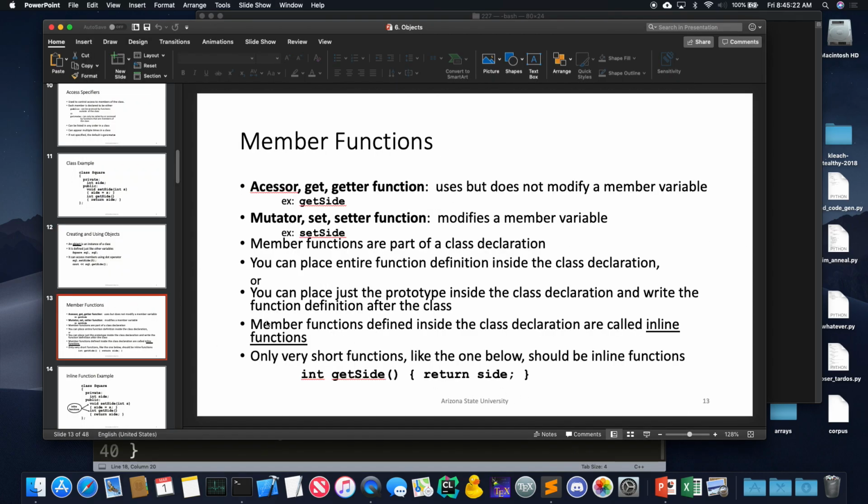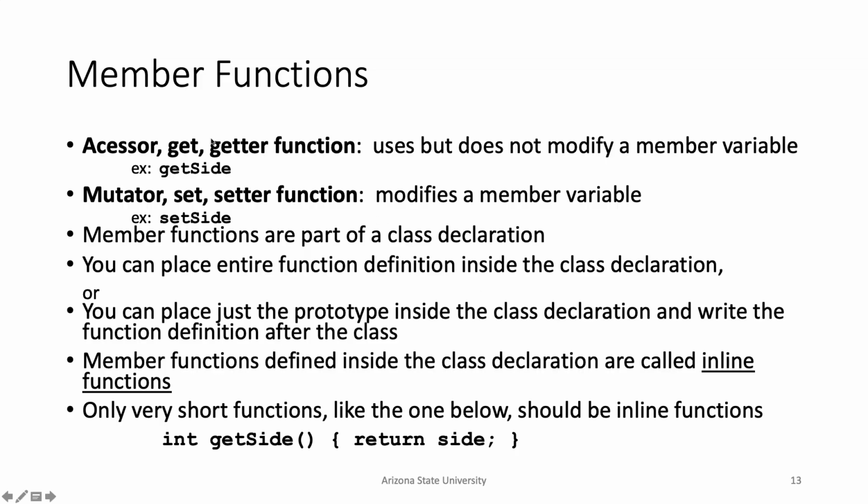Okay, so let's talk a little bit about those functions. I usually call them getter or setter functions because it's get this or set this, so it makes sense. There are other terms like accessor and mutator. They mean the same thing, but I'll probably say just getter setter. The function get whatever or set whatever doesn't have to be get this or set this.